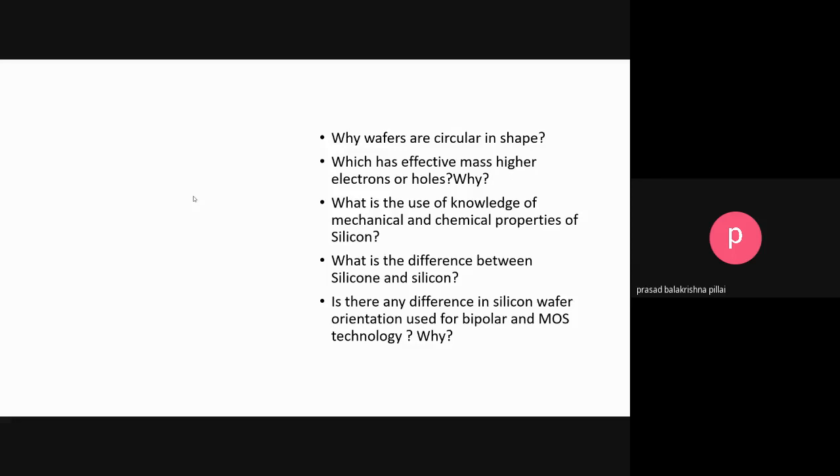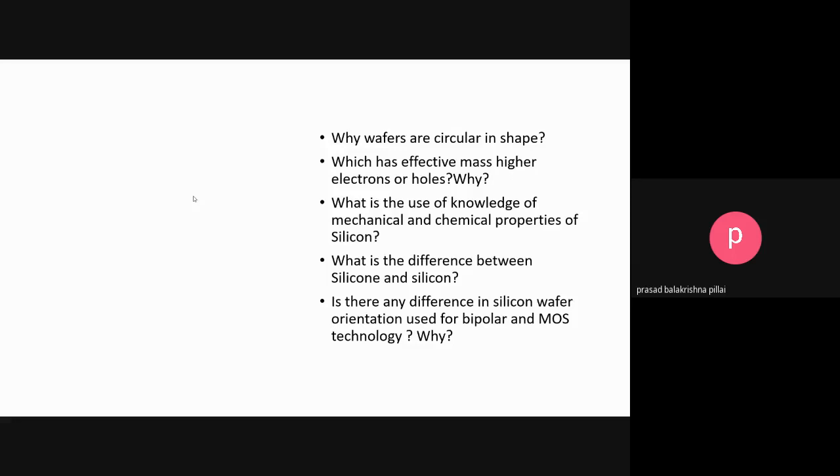Bipolar technology, this was actually one of the things which delayed the start of MOS technology, because bipolar transistors were quite popular, and they were using 111 orientation, since the chemical processing was easy. Whereas when they started making MOS devices with the same orientation, we will see later, we talk of surface states.